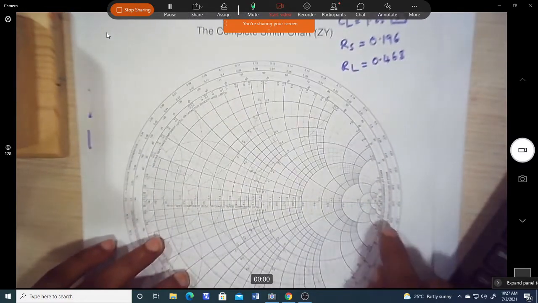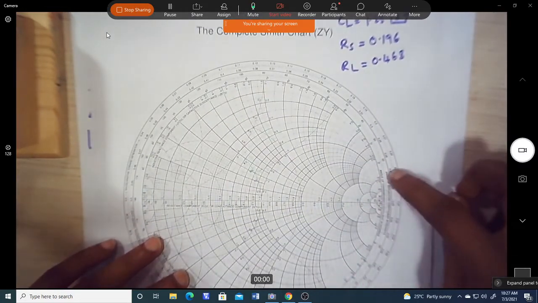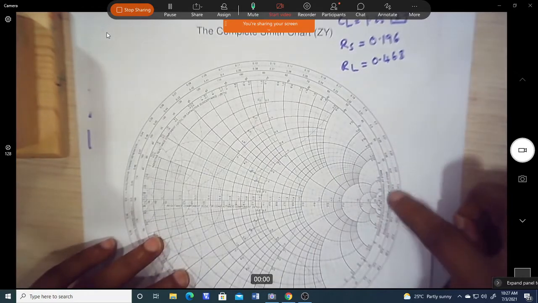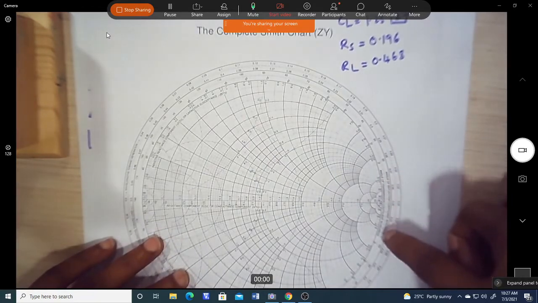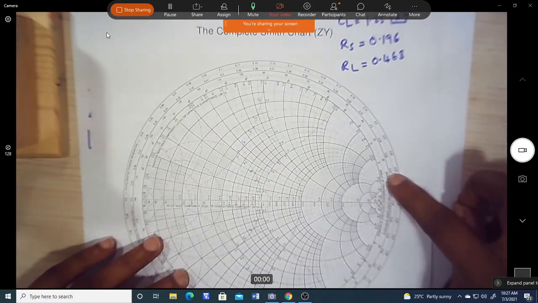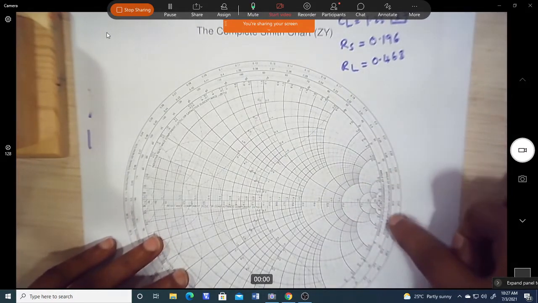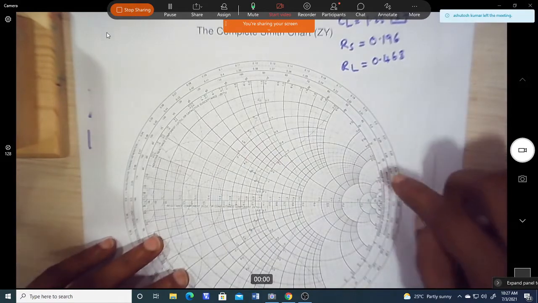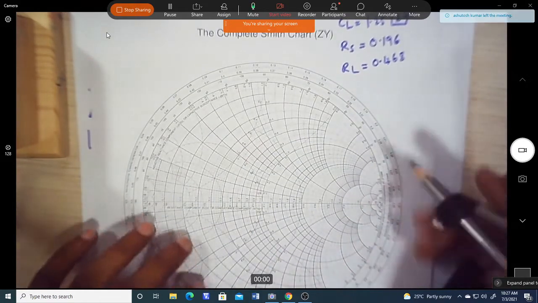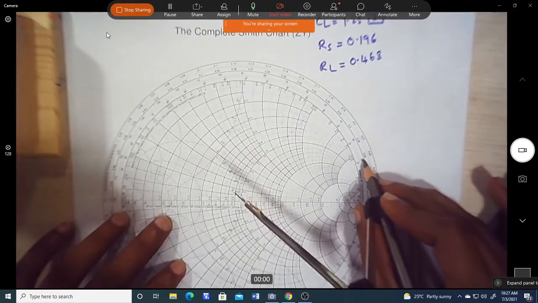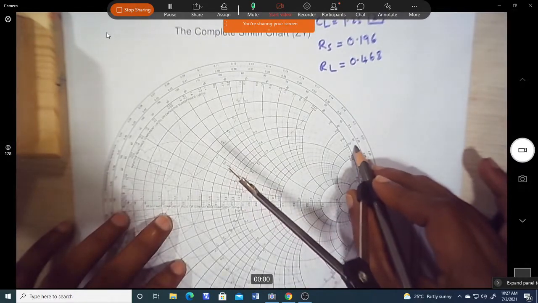Now we can see here the angle of reflection coefficient in degrees. On that scale you need to take 27 degrees, on the second circle from the inner side, the angle of reflection coefficient in degrees. You can see here 20, 22, 24, 26, and 27 in between.